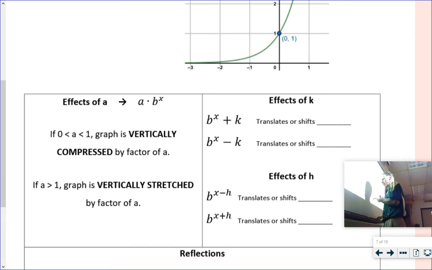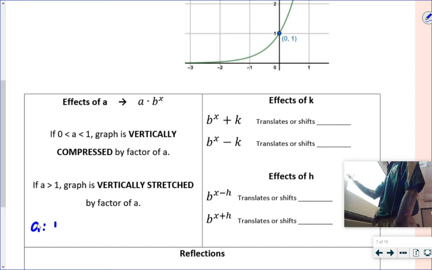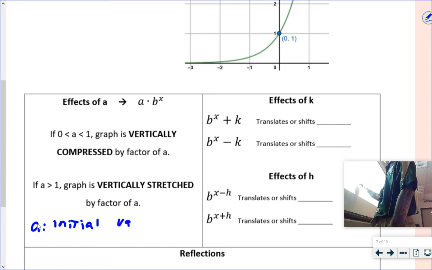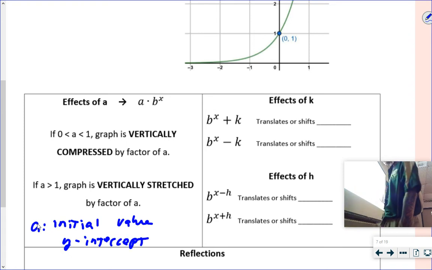And remember, I said this a second ago, the other name for a is either the initial value or the y-intercept. That's all that a is always going to tell you. Okay? And then your h and k, again, we're used to that too.